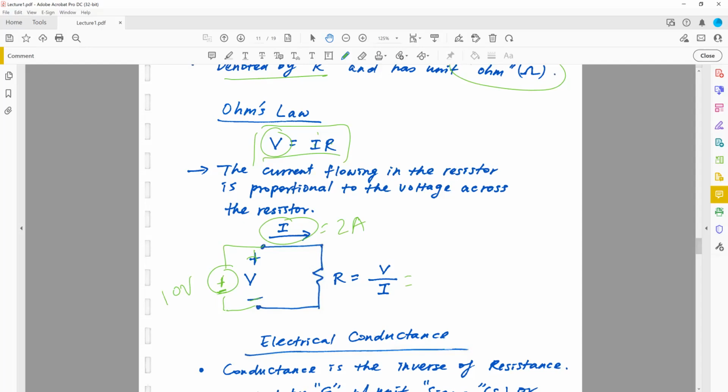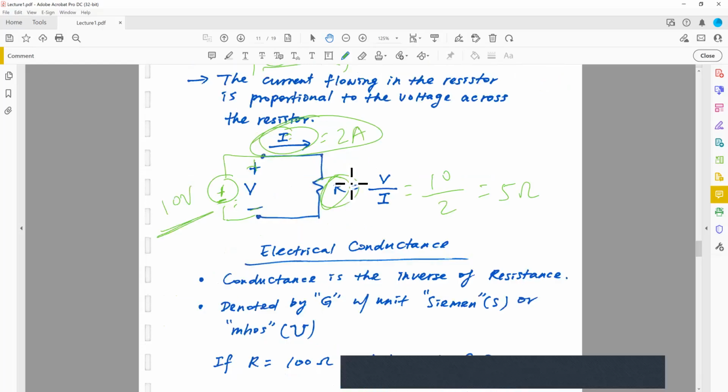Then in this case, I know the resistance is going to be 10 over 2, so I get 5 ohms. So I put in this, I measure this, I calculate this. That means you know 2 variables and you find the third one.